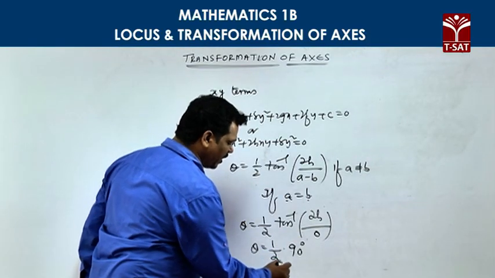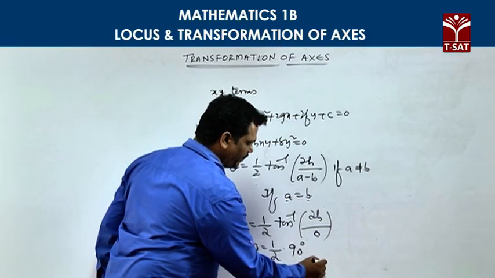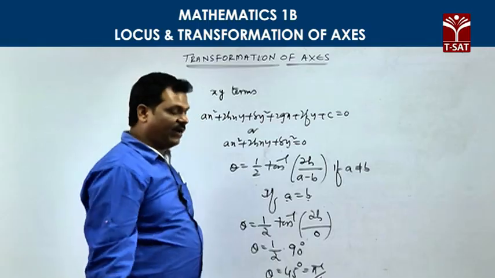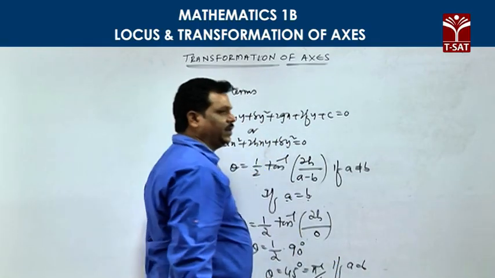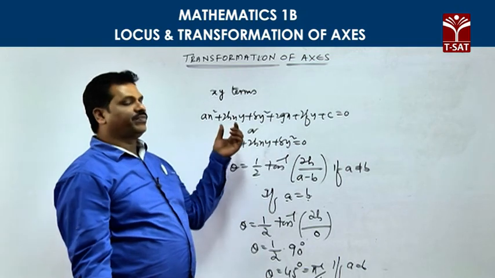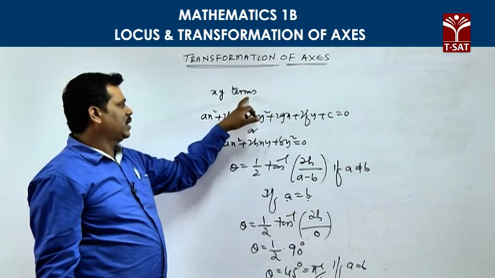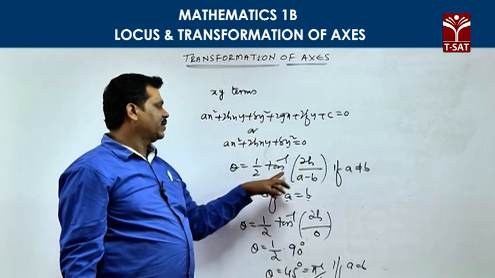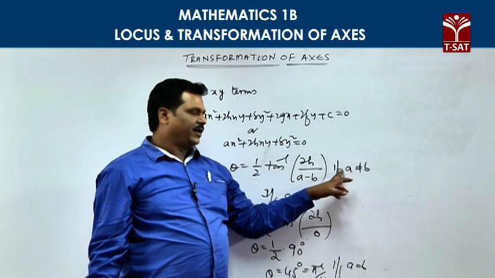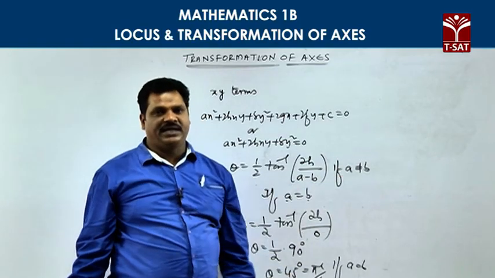So here theta is equal to 45 degrees, which is nothing but pi radians by 4, if a is equal to b. So when the axes are rotated through an angle theta to remove the xy term, we get theta equal to 1 by 2 tan inverse of 2h by a minus b if a is not equal to b. If a equal to b, theta equals 45 degrees.